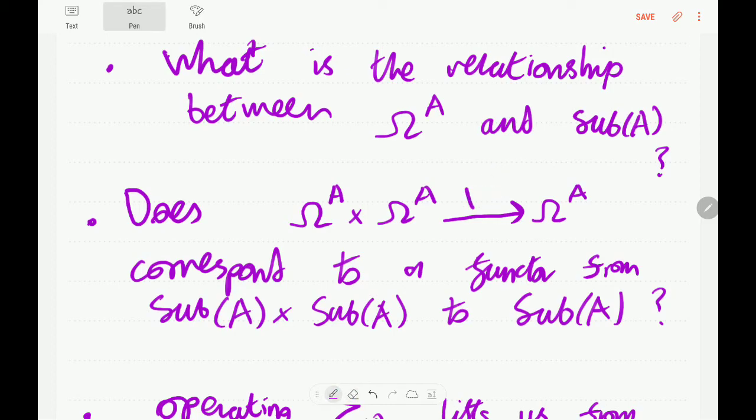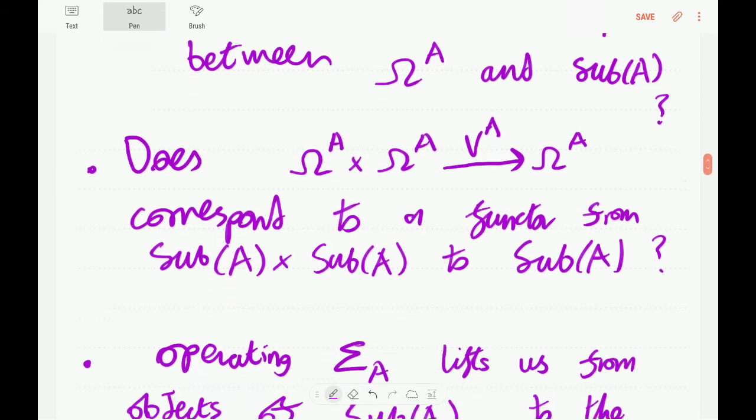For example, we know that OR goes from omega times omega to omega, so OR to the power of A ought to go from omega to the power of A times omega to the power of A to omega to the power of A. Now, is that a functor? Can that be represented as a functor, which somehow takes a couple of sub-objects and gives another one?